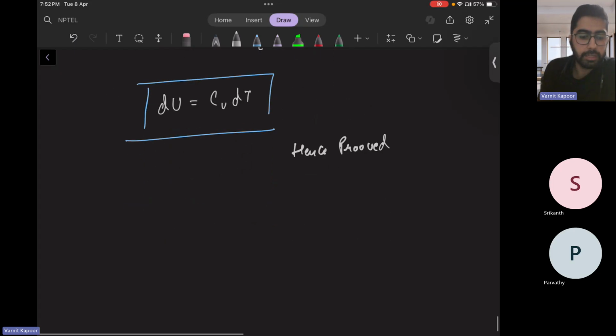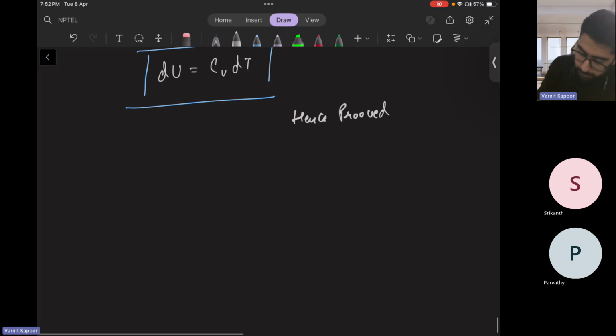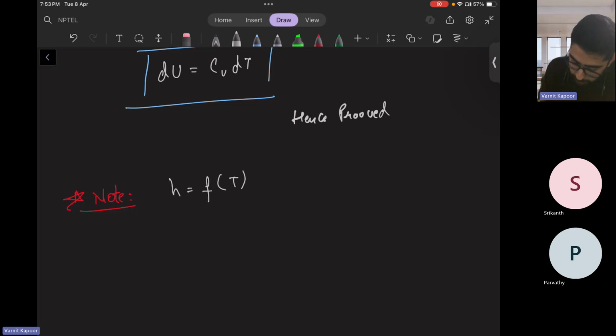Hence, true. So in crux, we can note here that enthalpy is a function of temperature, and internal energy is a function of temperature only, for an ideal gas.